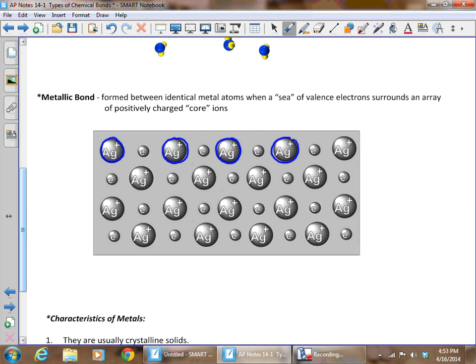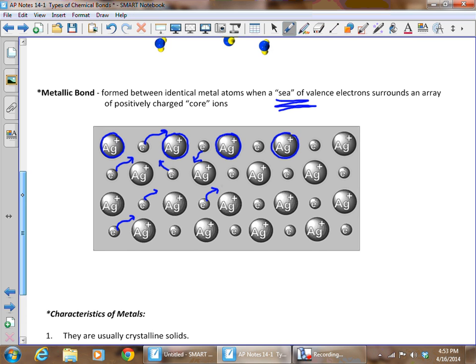For instance, if this were a silver bracelet, there are these silver cations here, and what's happened is that their valence electrons have been stripped off of those silver atoms, and the valence electrons are free to move throughout that piece of metal. Those valence electrons are often called a sea of electrons because of that. And this sea of electrons is going to give them specific characteristics.